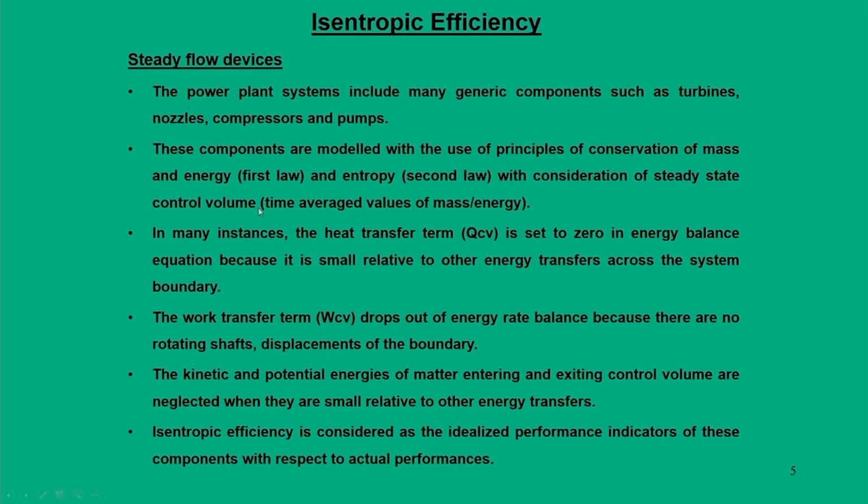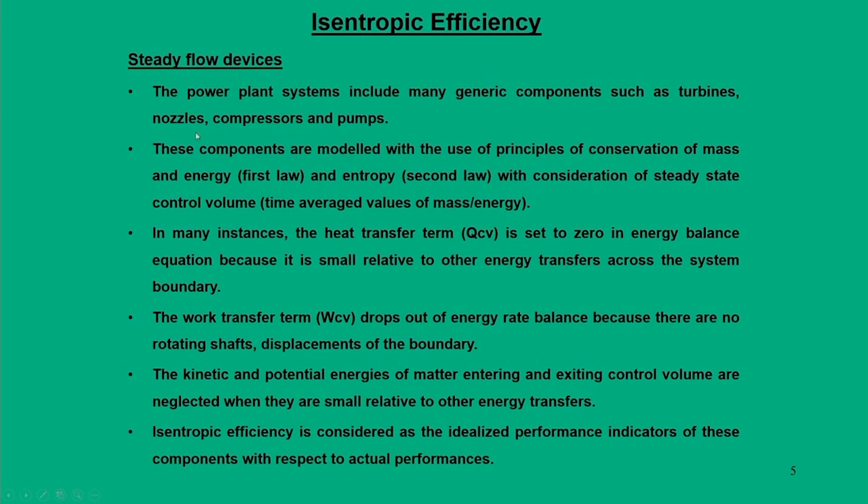So, basically the analysis involves mass balance, energy balance and entropy balance for a control volume. When you deal with the entropy balance, we normally use the time averaged values of entropy, mass or energy.